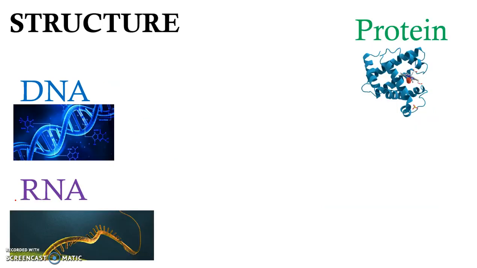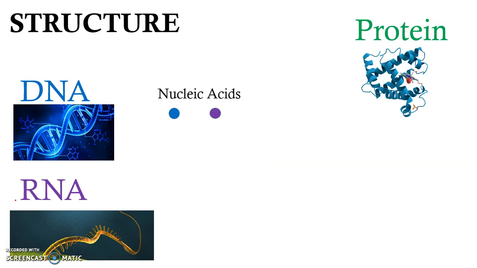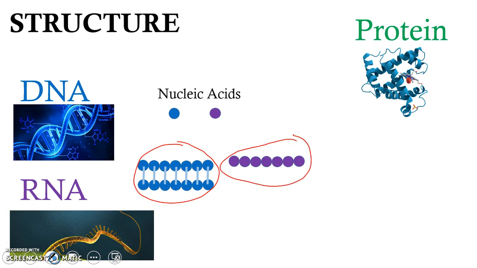Let's discuss their size and structure and how big they are compared to one another. It always helps me to think about the size of things in relation to one another. Nucleic acids are really small. They're about 0.2 nanometers. And DNA and RNA are both made up of nucleic acids. For the DNA, we have the double strand, and for the RNA, we have a single strand.